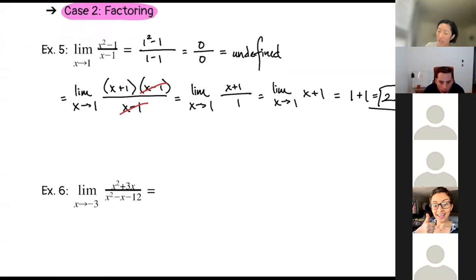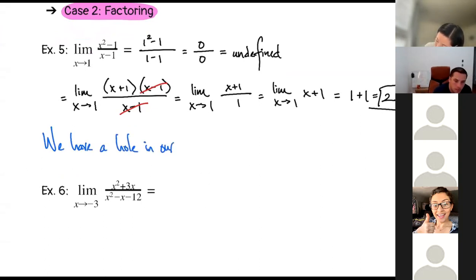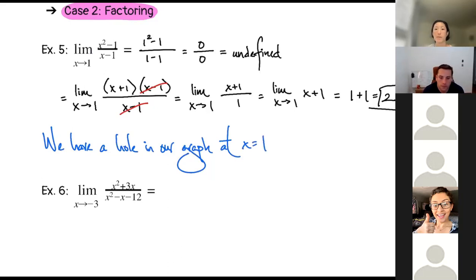So what does that 2 mean? Here's what it means. We have a hole in our graph at x equals 1. That's why we got undefined.